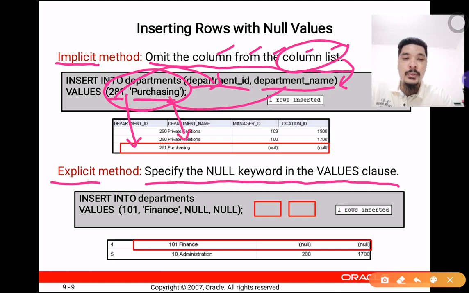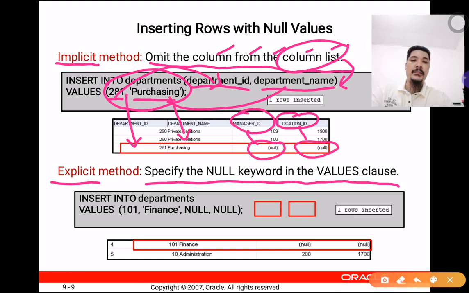But we know in our departments table we have other columns, manager ID and location ID. So for this example, manager ID and location ID will automatically be null, because they want to match the number of the original columns in the table.